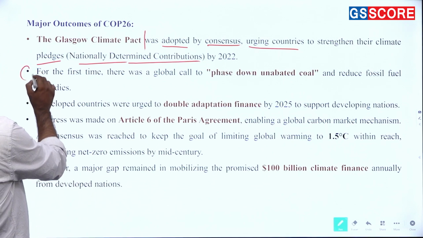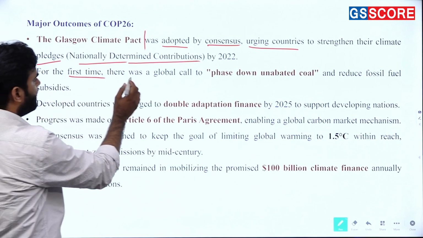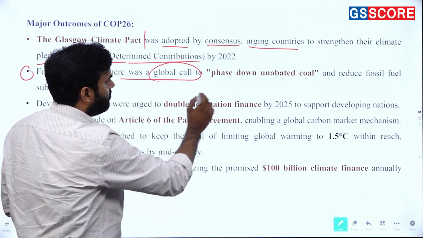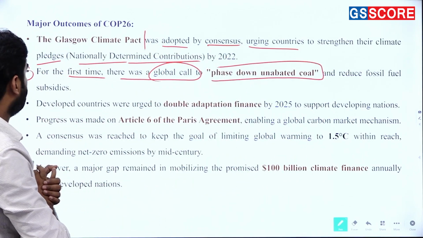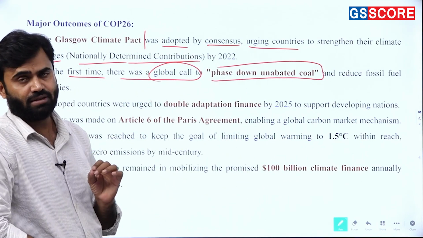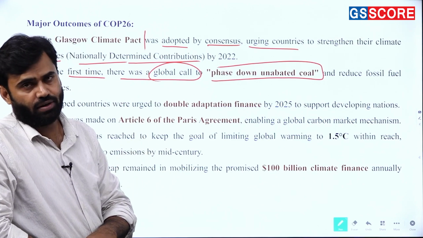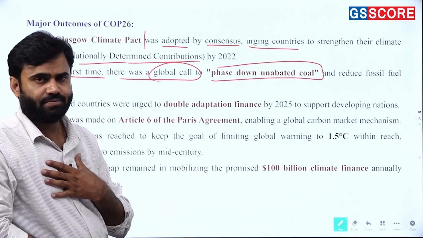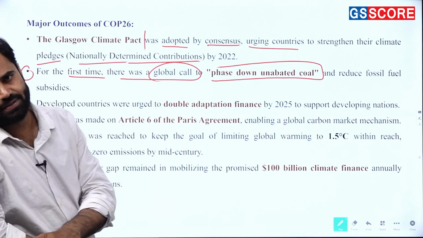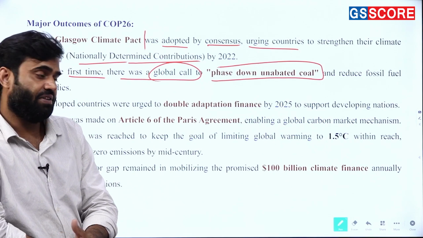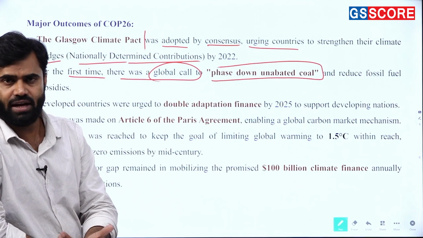In the second line, I started my answer from: for the first time there was a global goal to phase down unabated coal and reduce fossil fuel subsidies. The most important point is to phase down unabated coal. I chose this line to reduce fossil fuel subsidies because everyone in the world is finding an alternative source of energy.